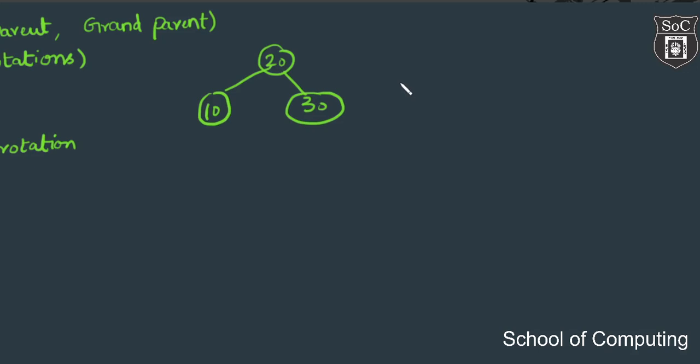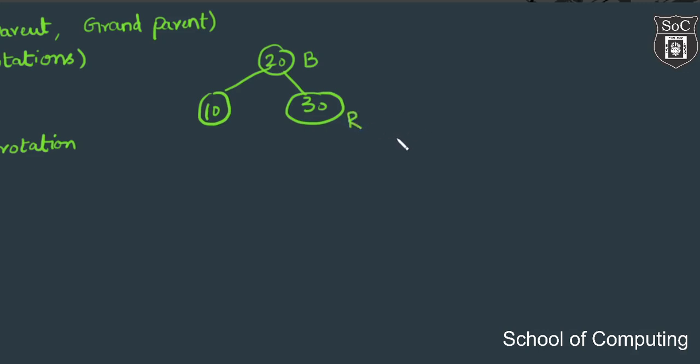So since 20 got promoted as root node, its color will become black. I am not doing a recoloring because I have done a rotation. 20 was made black and 30 as usual red.